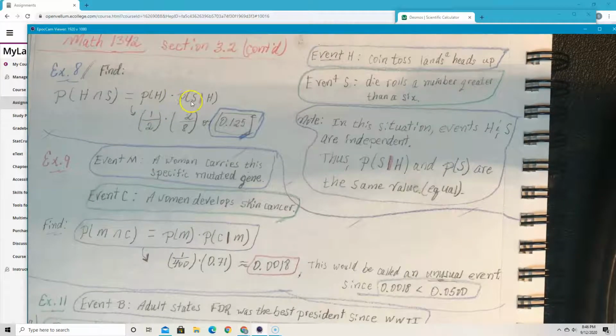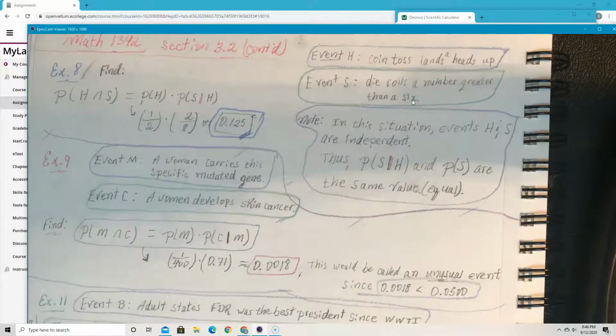Times the probability of the second event occurring, which is you roll the 8-sided die now, and a number lands up that's greater than a 6. Well, what are the numbers greater than 6 on an 8-sided die? There's only a 7 possibly, or an 8 possibly.